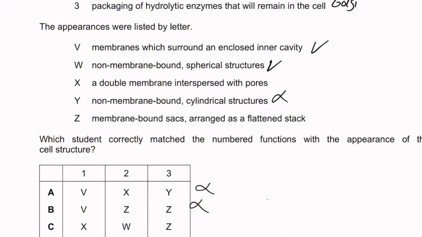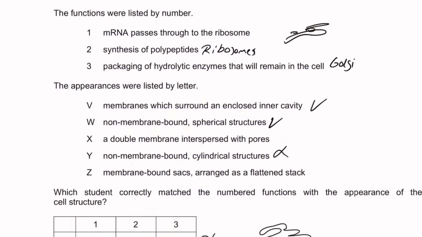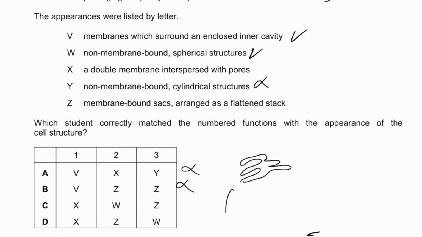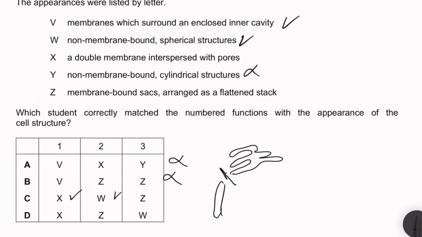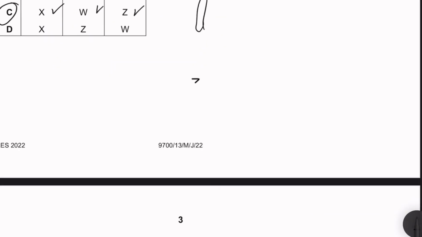Yes, the nucleus is connected to the rough endoplasmic reticulum, and the mRNA does pass through the nuclear pores to get to the ribosomes. So that is true. I would assume this is the nucleus they're talking about. And then 2 would be W, non-membrane bound spherical structures, true. And then 3 being Z, membrane bound sacs arranged as a flattened stack. I would assume this is the Golgi apparatus, so this will be C.